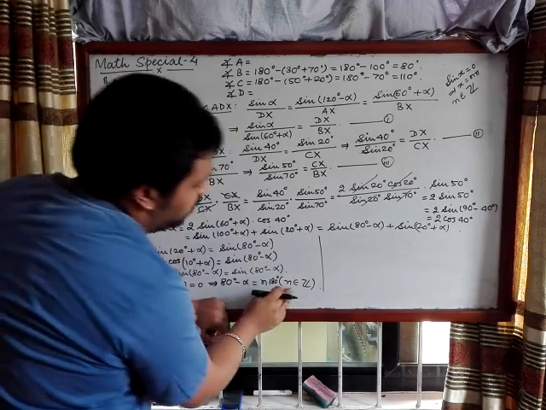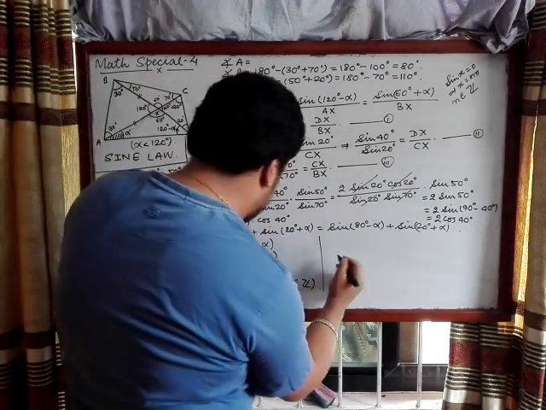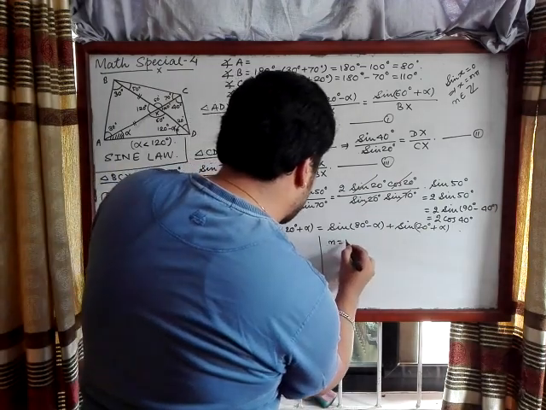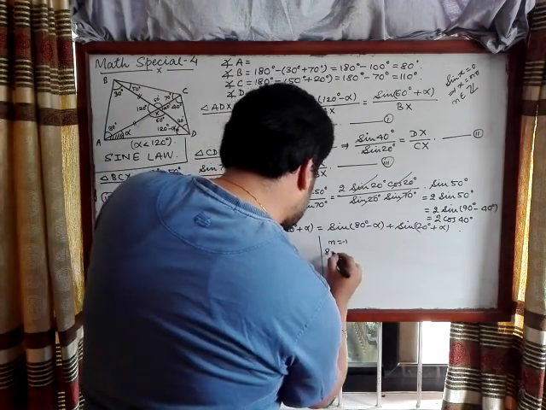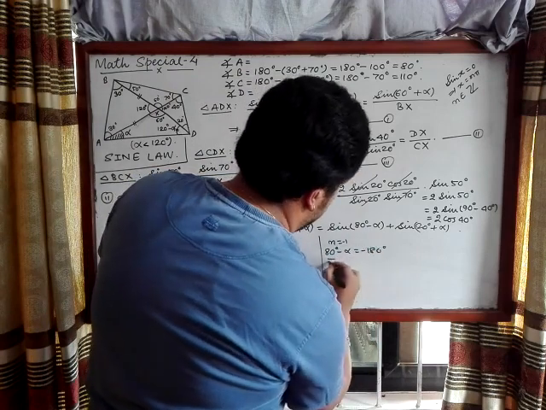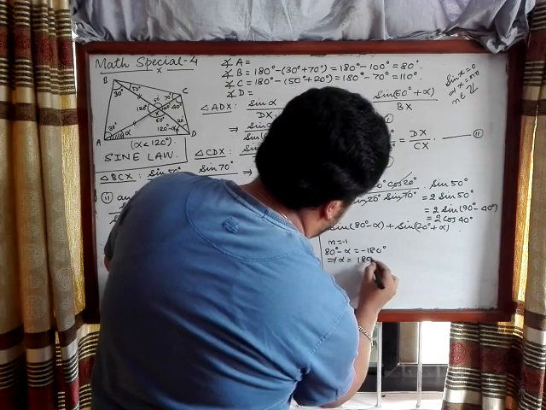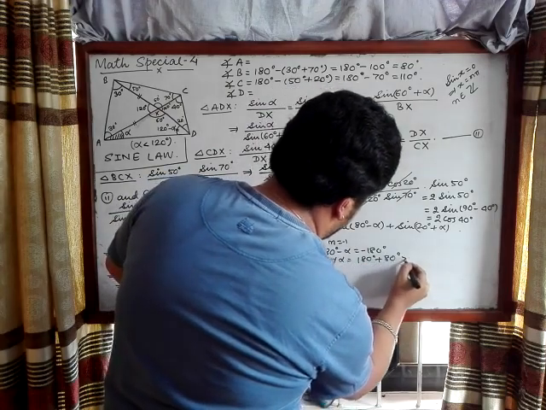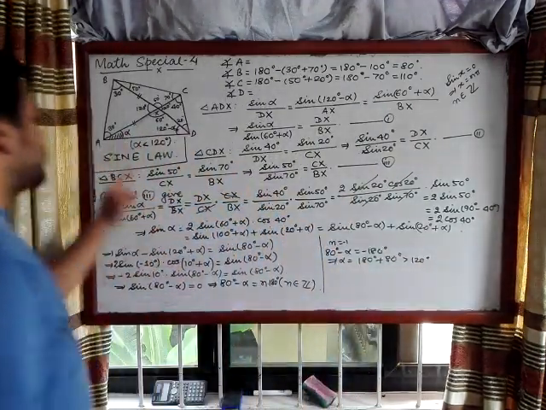So we cannot take negative values. For example, if we take n equal to minus 1, then 80 degrees minus alpha is equal to minus 180 degrees. This will give alpha equal to 180 plus 80, which is greater than 120 degrees. But this cannot be.